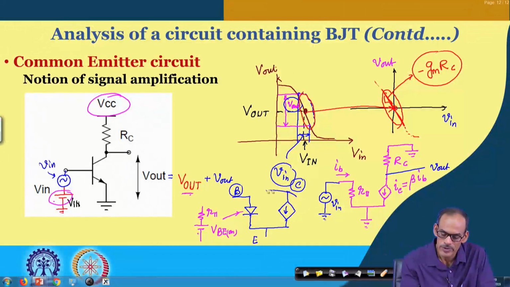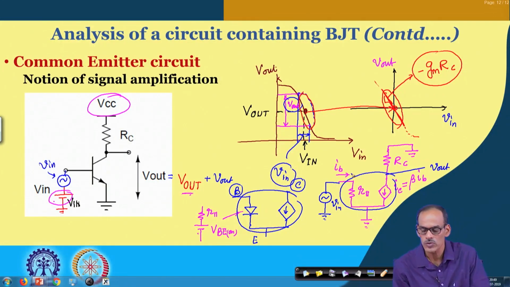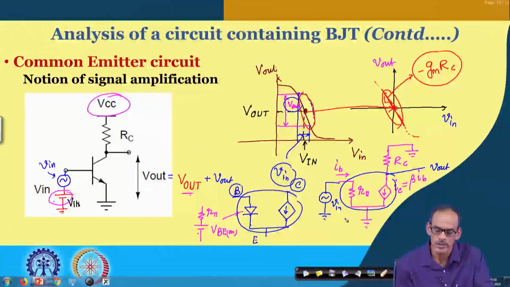So, instead of using this model, now we are going to use this model. Similar to the diode, here also we have a notion called small signal equivalent circuit, which gives the small signal model of the whole circuit. Once we translate this into a small signal equivalent circuit, we are simplifying the circuit not only by dropping the DC part, but also by removing all of the DC components internal to the device.